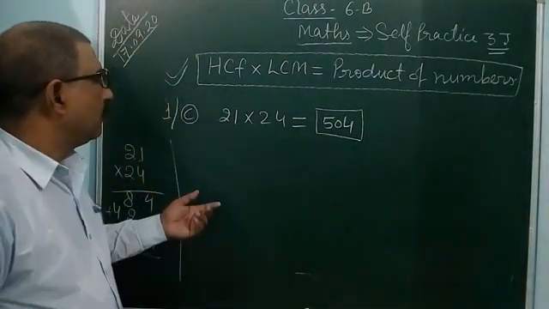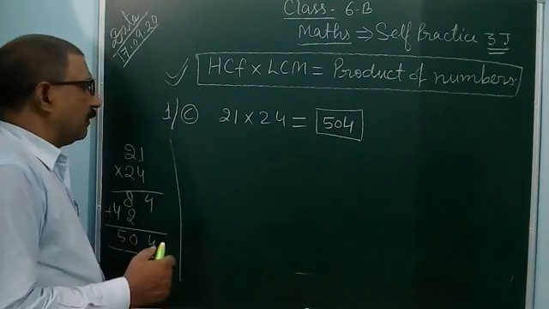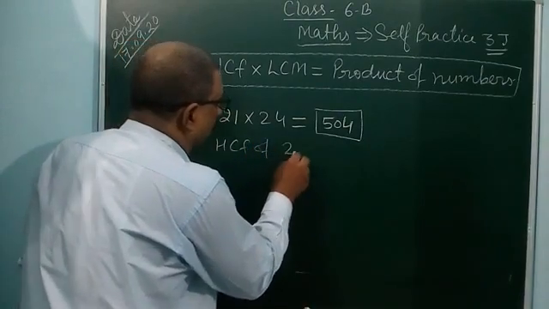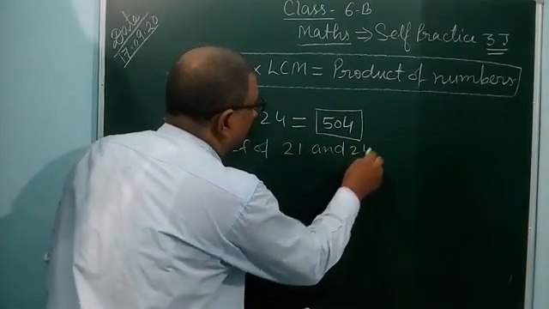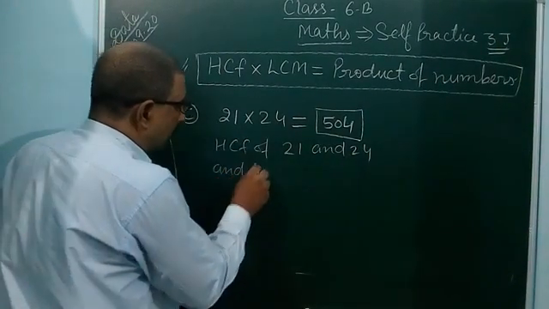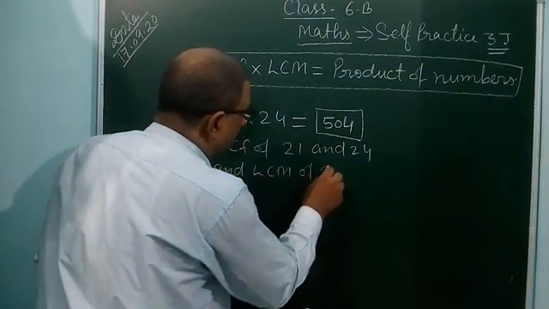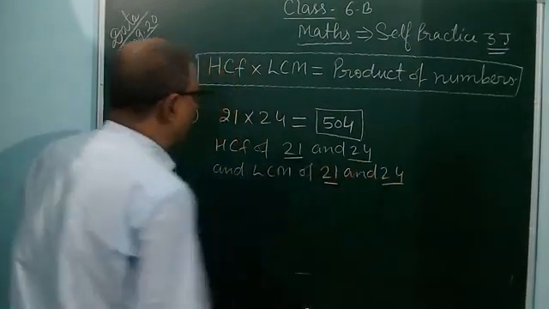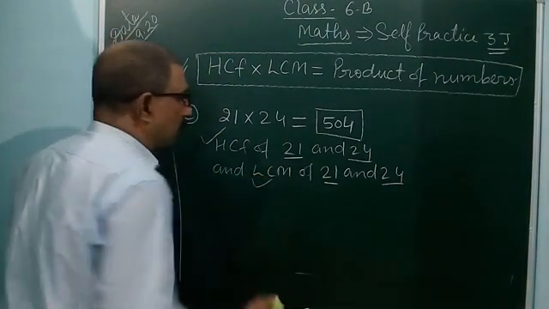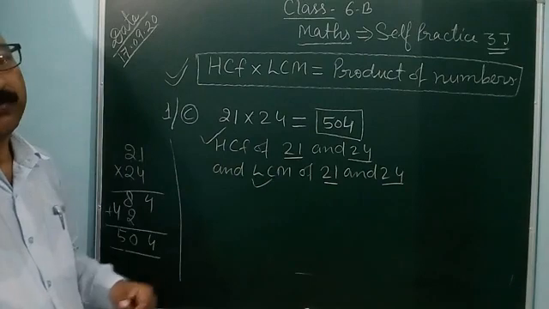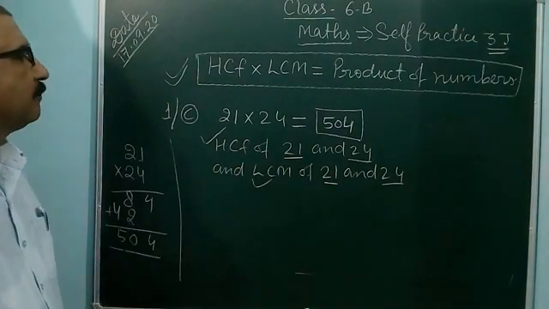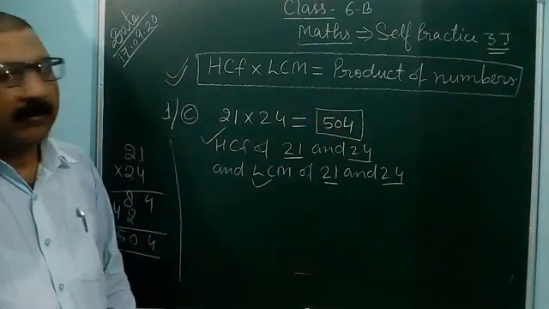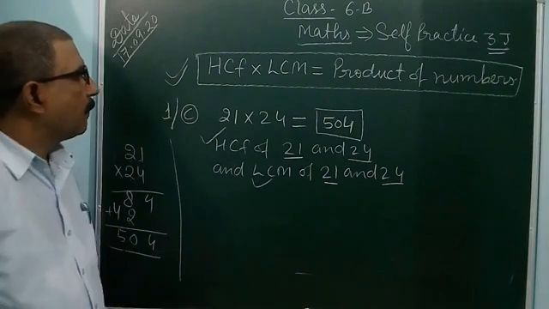So firstly, to fill column B, you find out the HCF of 21 and 24 and the LCM of 21 and 24. In this way you can find out the HCF and the LCM, because you have two numbers but you do not have the HCF and LCM. You have only the product of numbers.